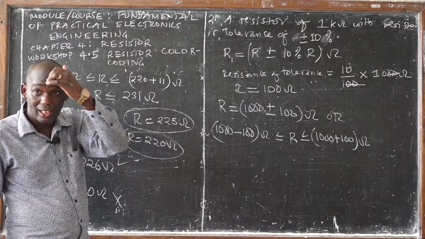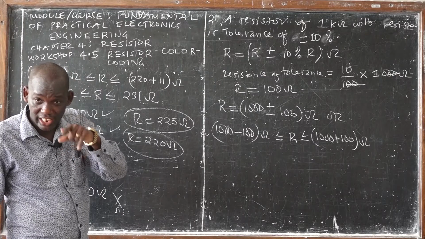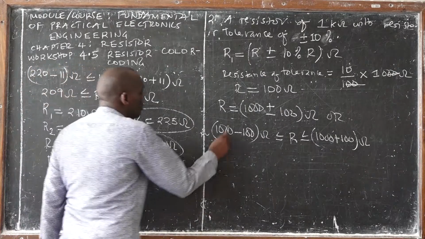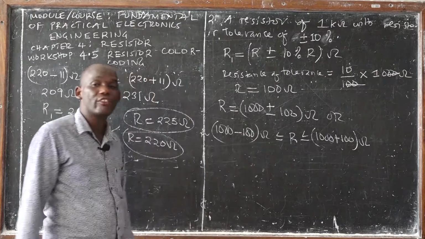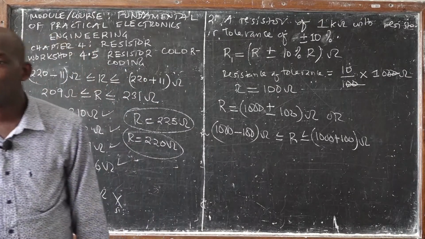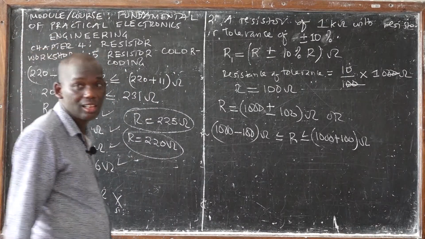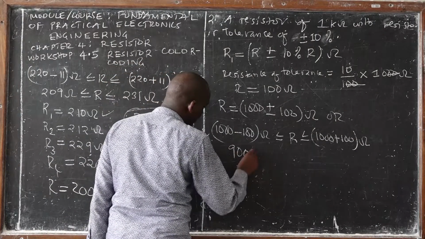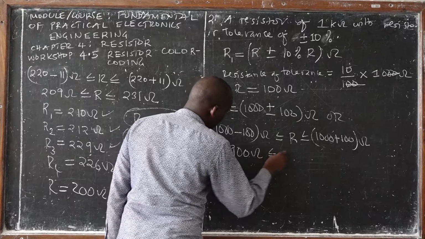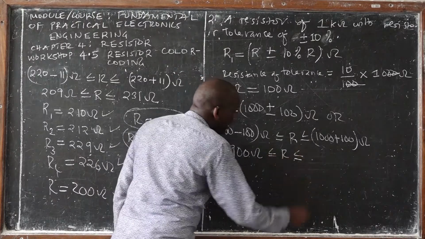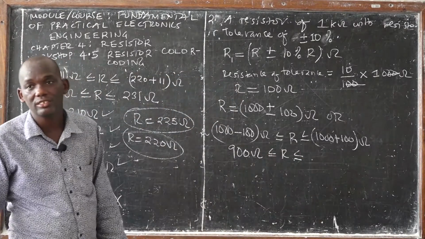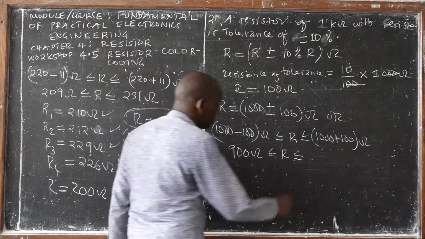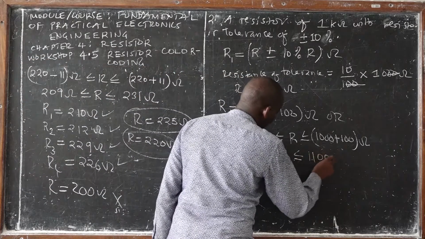Are we together? I said stop writing, listen and watch. So 1,000 minus 100 is 900. 1,000 plus 100 is 1,100.